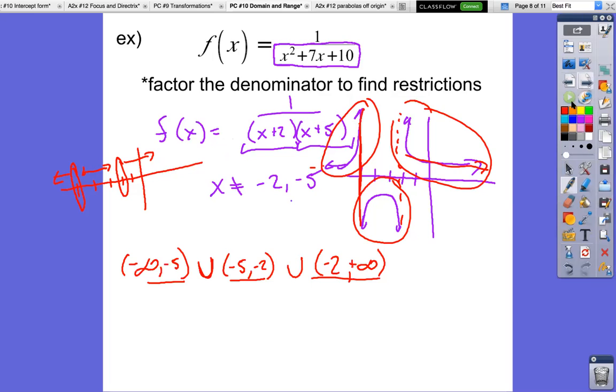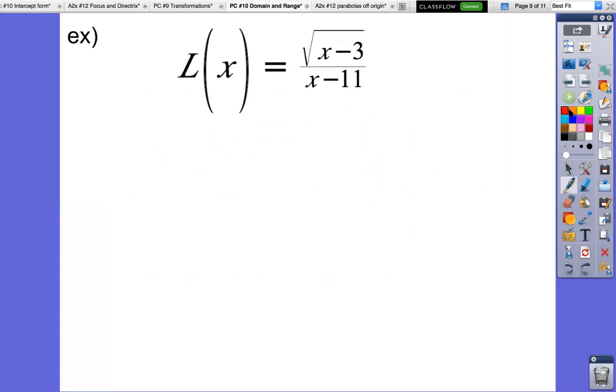Let's move on. Oh boy, we've got two things here. This is when it gets tough, and not tough really, you just have to think about it. Why is this any harder than anything else we've done?